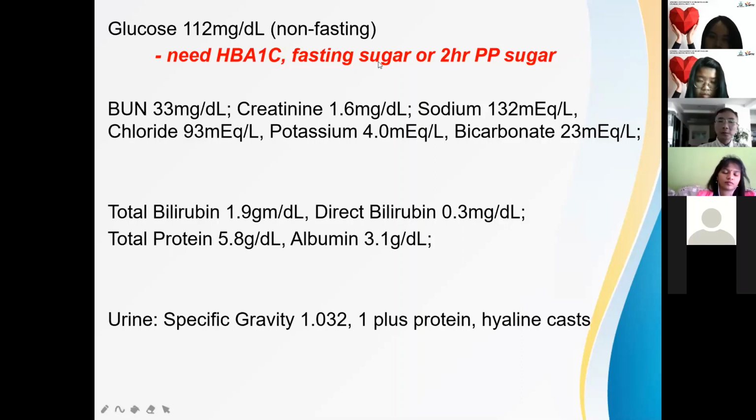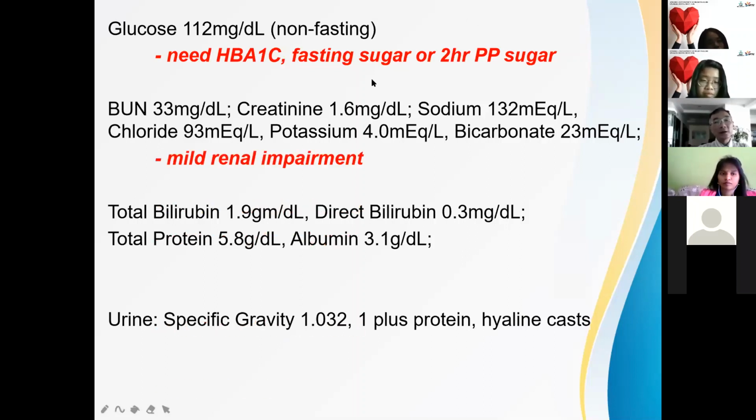Fasting sugar, normal people should be less than 6. 2-hour postprandial, normal should be less than 8. Diabetes fasting is more than 7. 2-hour postprandial is more than 11 for diabetes. And the conversion from your 100 over to 6, 7 and all is by a factor of 18. So you need proper tests to know more.